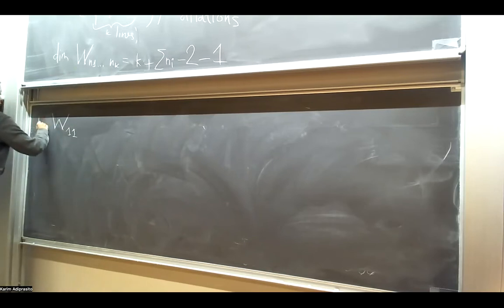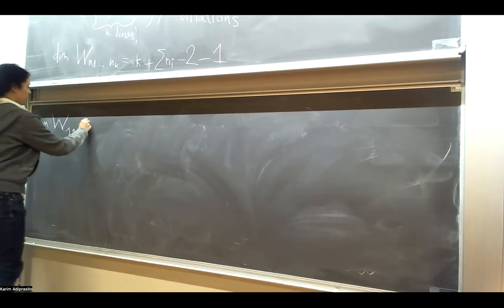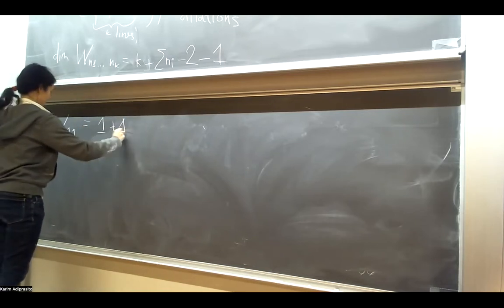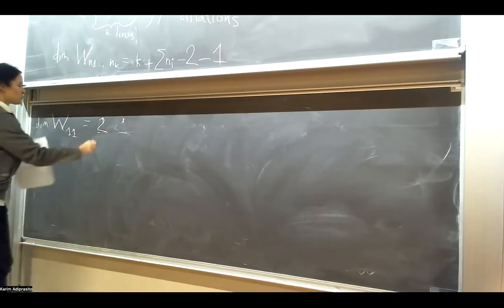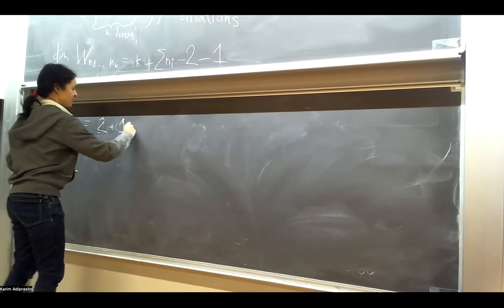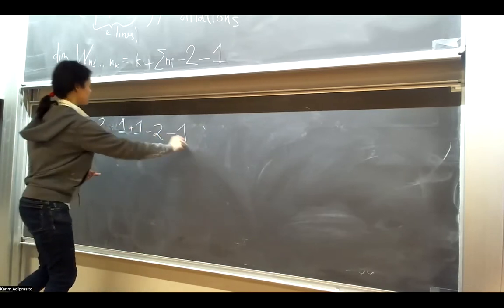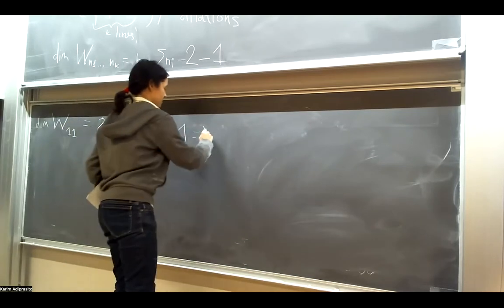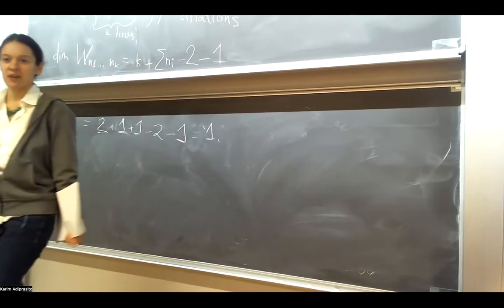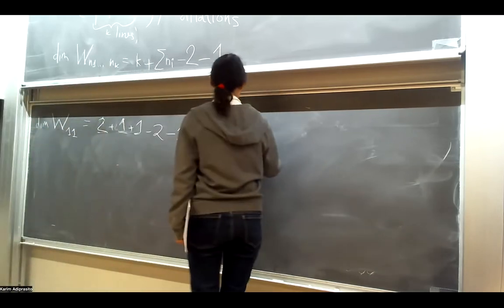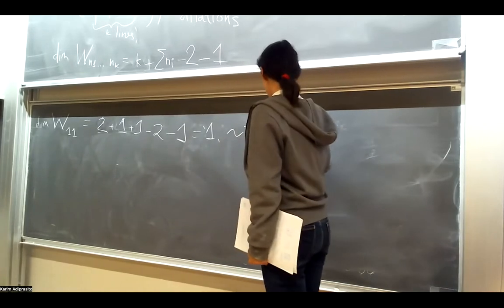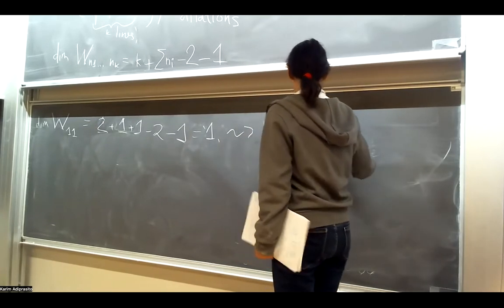So we have the dimension of W_{1,1}, with k equal to 2, to be 2 plus 1 plus 1 minus 2 minus 1. So that's equal to 1. There are not that many contractible stratified spaces of dimension 1. So it follows that W_{1,1} has to be an interval.